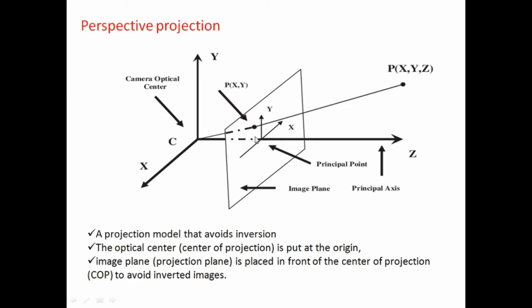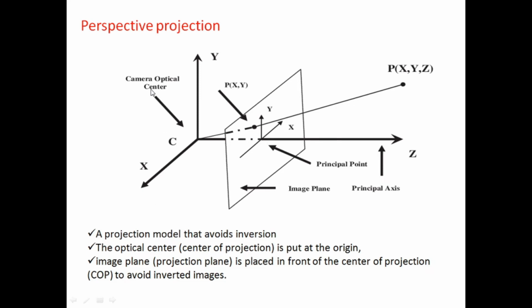So this is my focal point or the principal point. Now this image plane is parallel to my xy plane. So this is my xy plane and this is my image plane, which is at a distance of d units from the center of projection. So this is my optical center, where the lens of a camera is placed. From here to this image plane I have a distance of small d units.